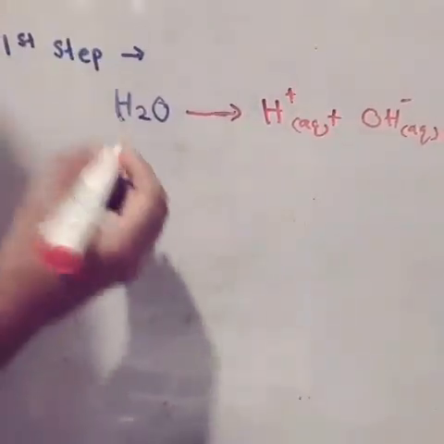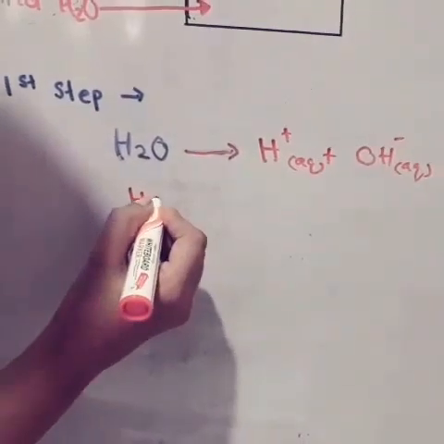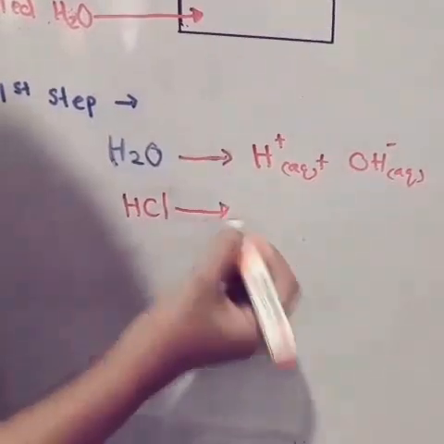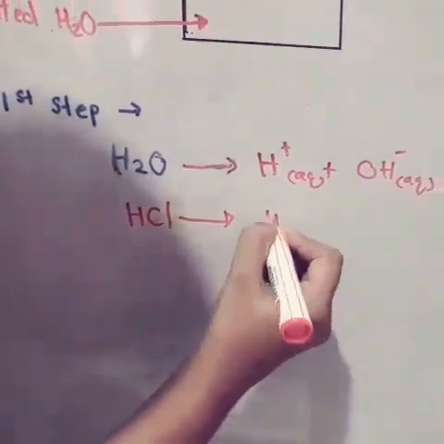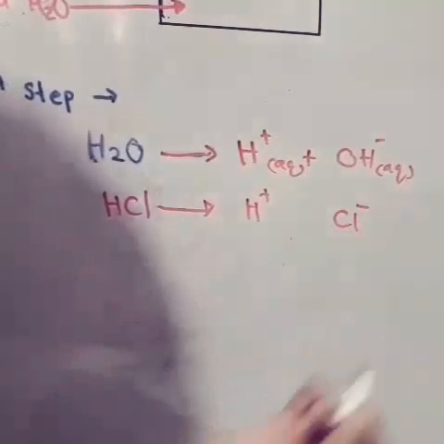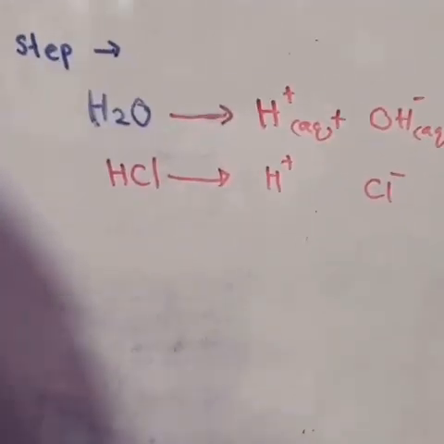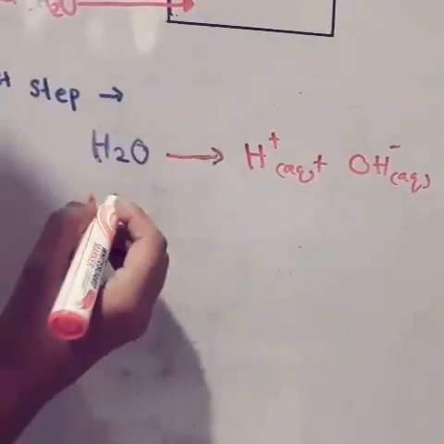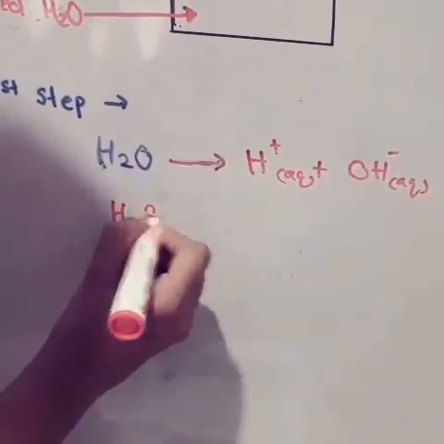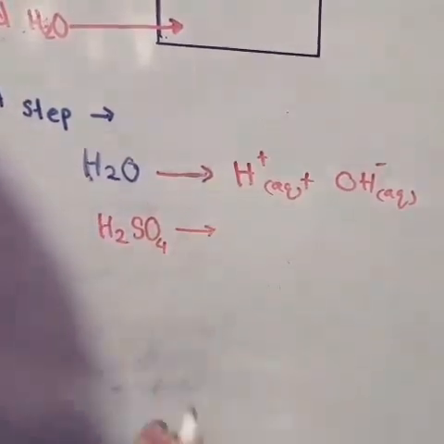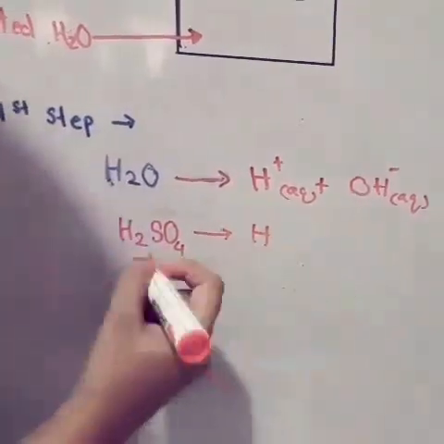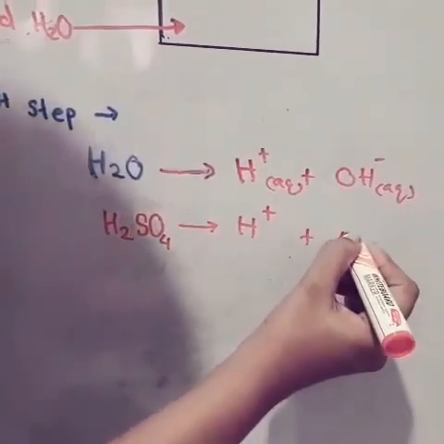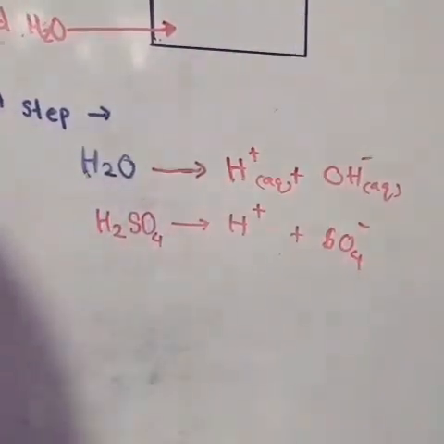Secondly, this can be acidulated with any type of acid. Here, as an example, HCl might have been used, so H plus and chloride minus. Or I can use another acid, sulfuric acid, H2SO4, which gives H plus and sulfate SO4 minus ions.